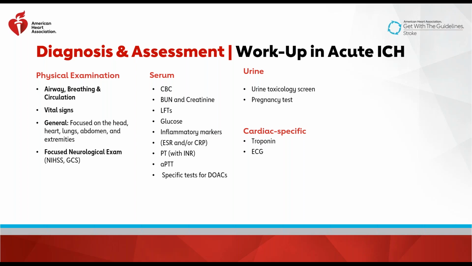Labs are nothing really out of the ordinary. We're very focused on glucose control in ischemic stroke, and a lot of that correlates to hemorrhagic stroke as well. And for the tox screen, I basically say tox screen everybody. In the tox screen, you can find out particular products that they may be using that may have put them at risk.